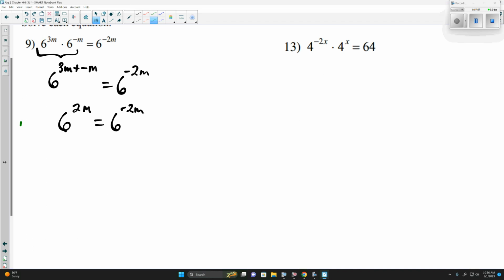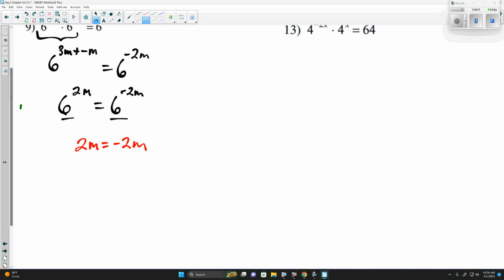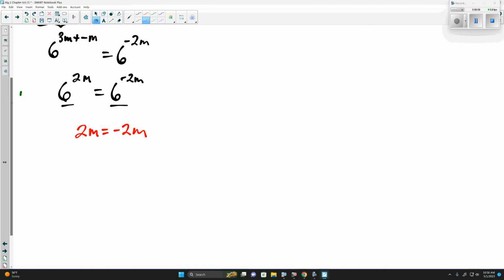Now, from here, since we have two bases, one on either side, and they are the same, it means the exponents have to be the same as well. So we'll have 2m is equal to negative 2m. Now at this point, we can add 2m to both sides, telling us that 4m is equal to 0.